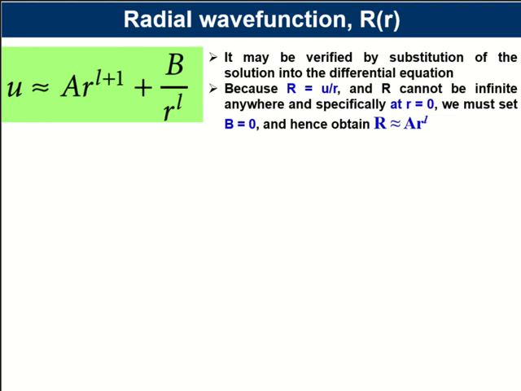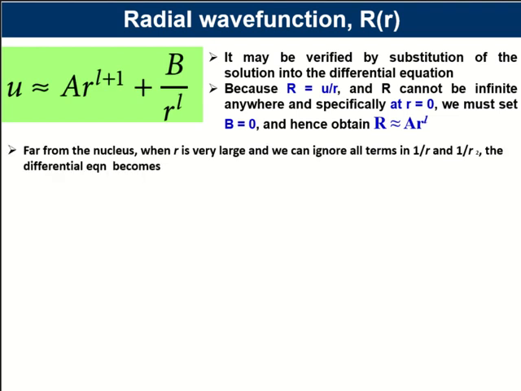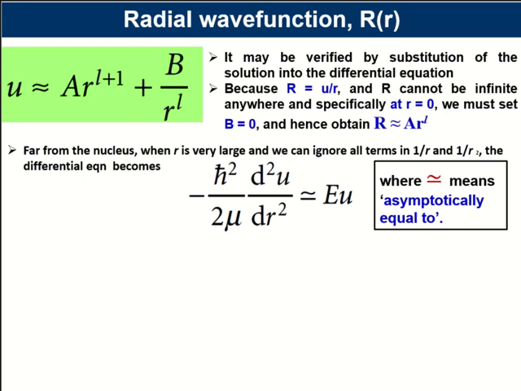So to get rid of that, we set b equal to 0. So this is gone, and we are left with R equal to a r to the power L. So this is the simplification.